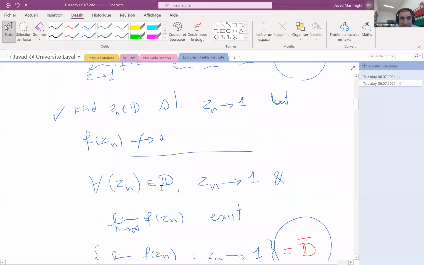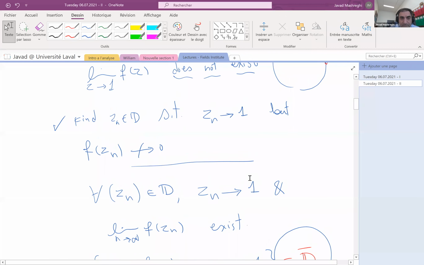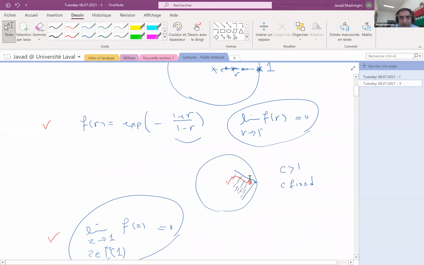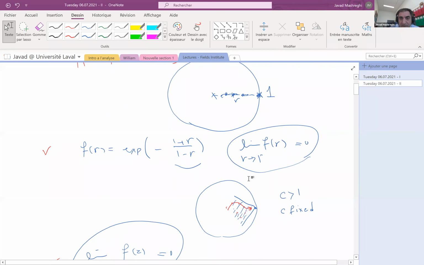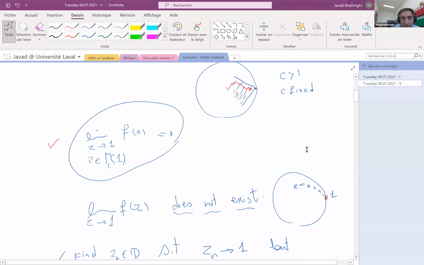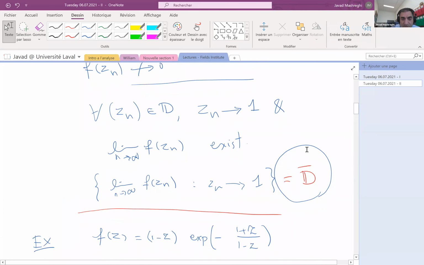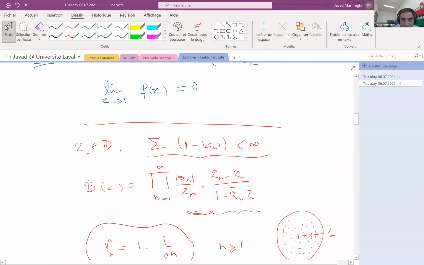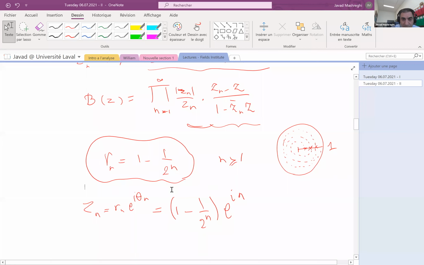You can show that when Zn goes to 1, exactly like this function, the limit is equal to 0, not for all Blaschke sequences, but for this one it works. For this one, when you go toward the boundary, the limit of Bn is equal to 0.